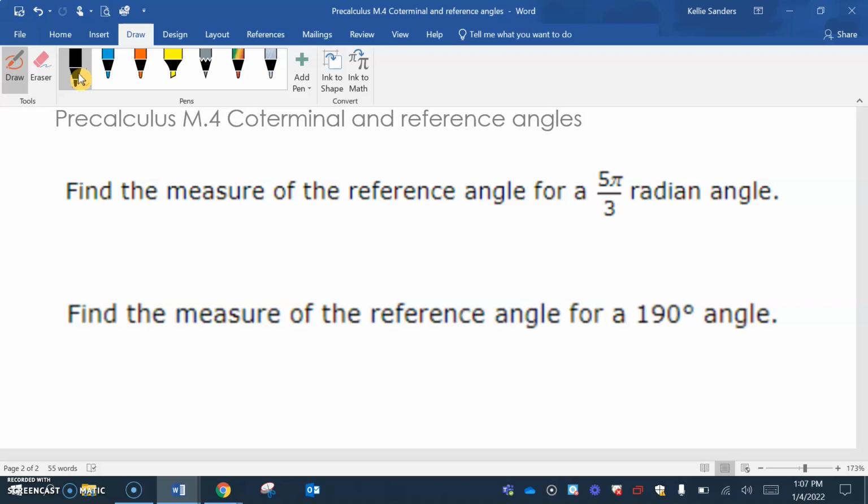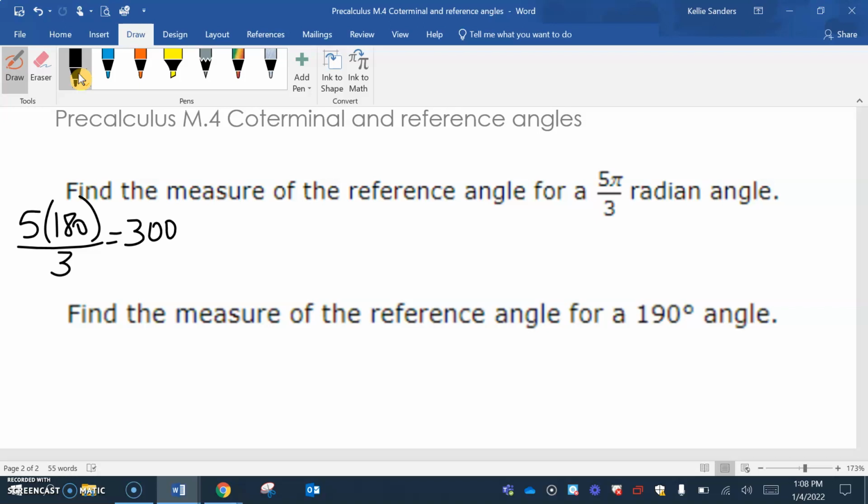I could give you some tips on keeping it as radians and kind of figuring out where to end at, but I suggest that you convert it to degrees. 300.